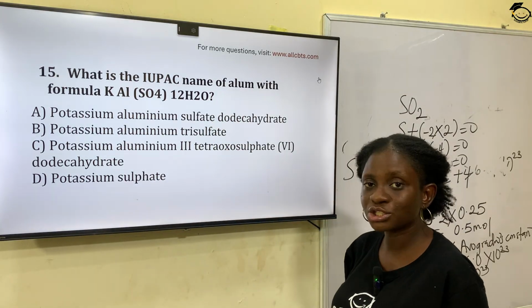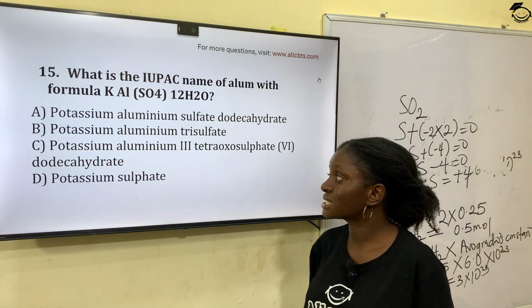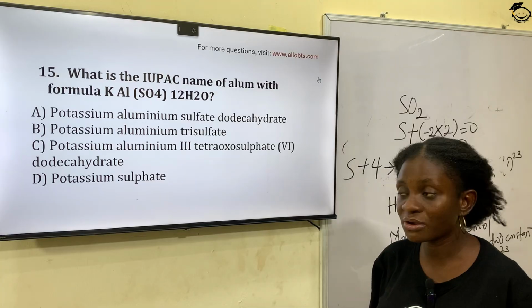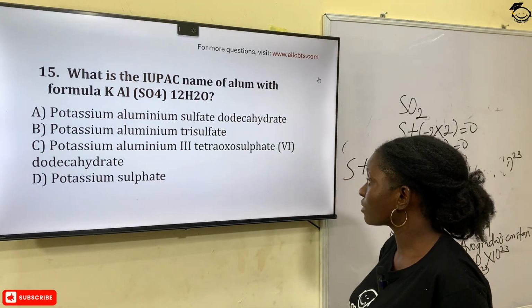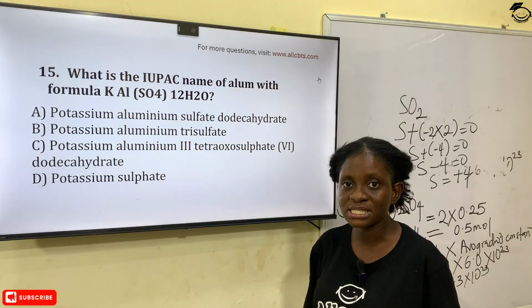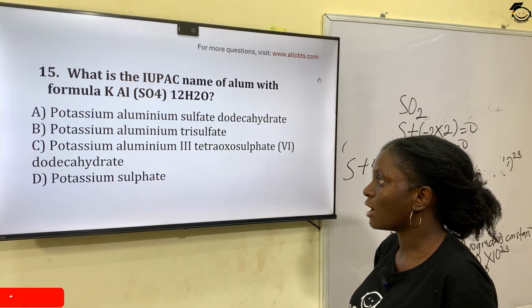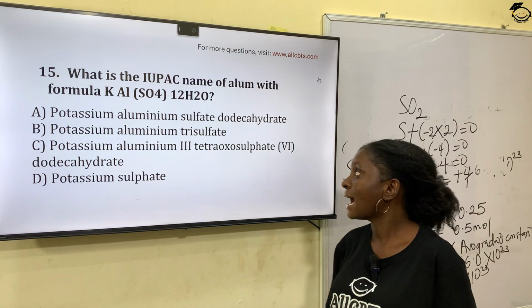Option A, potassium aluminium sulfate dodecahydrate. B, potassium aluminium trisulfate. C, potassium aluminium 3 tetraosulfate 6 dodecahydrate. D, potassium sulfate. The correct answer is option A, potassium aluminium sulfate dodecahydrate.